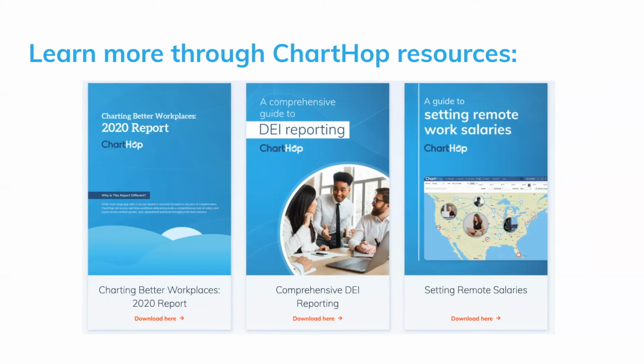So we look at representation across gender, across leadership positions versus individual contributors. We look at representation and compensation across different departments. There are some really interesting findings, and it's really just the beginning, right?